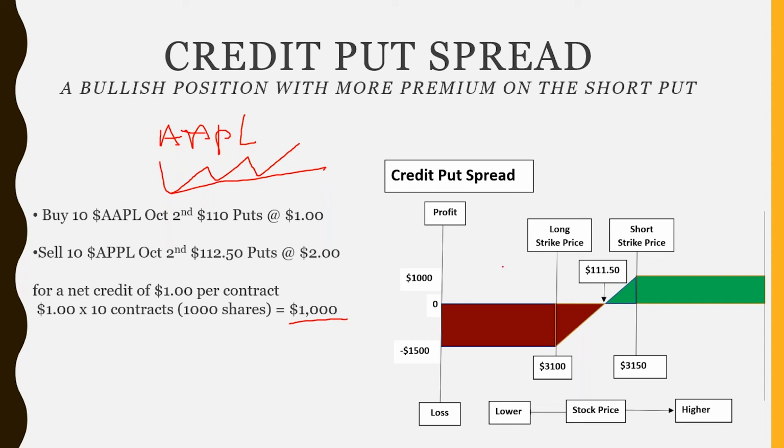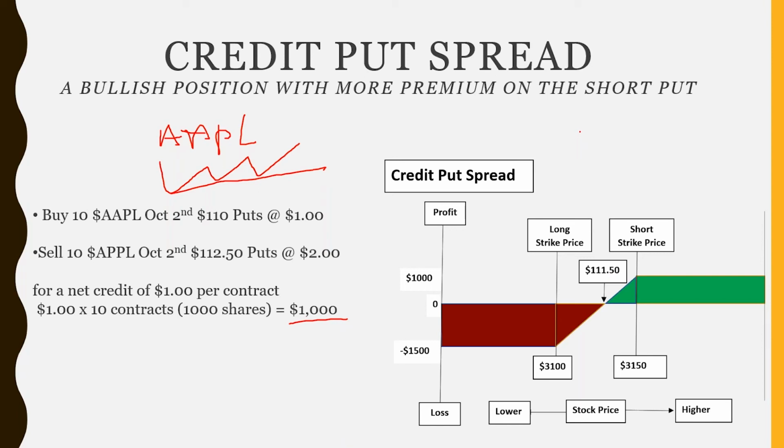Looking at this side right here, when we do this put spread setup, we collect $2, we pay $1, we keep $1. The strike price when we sell it is right here at 112.50, and we bought 110. So this is the break even price. How do you calculate the break even price?